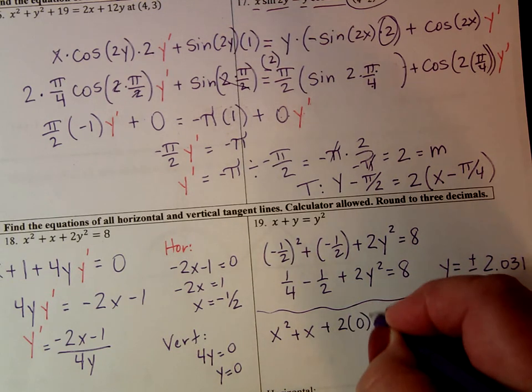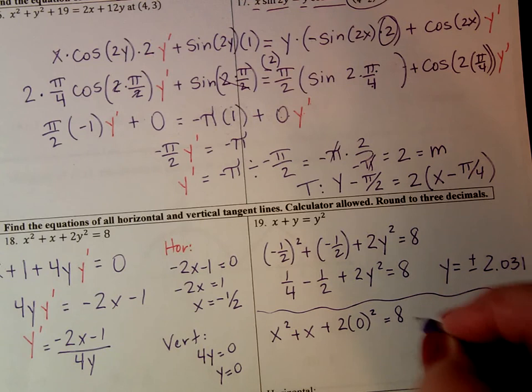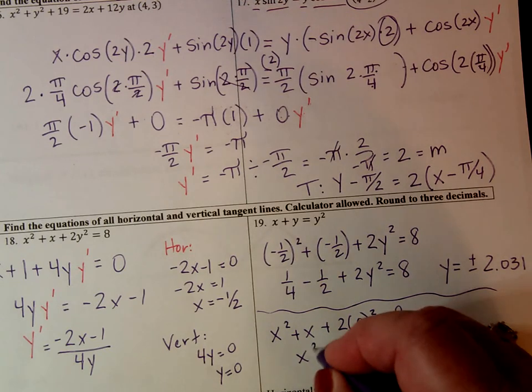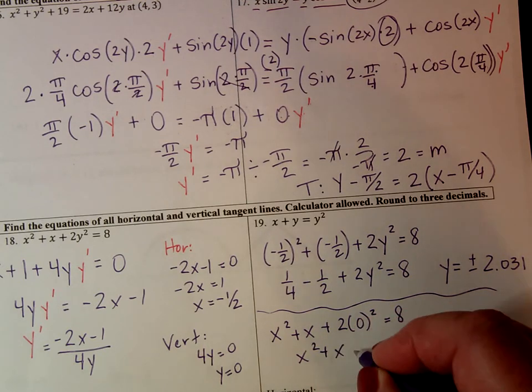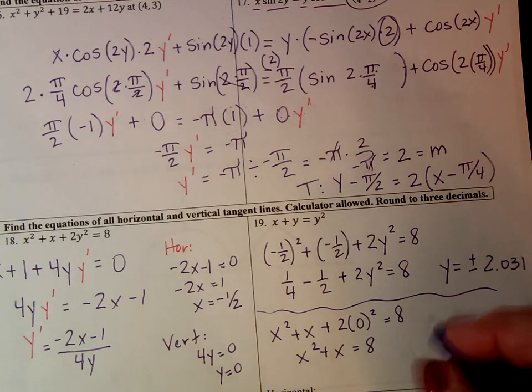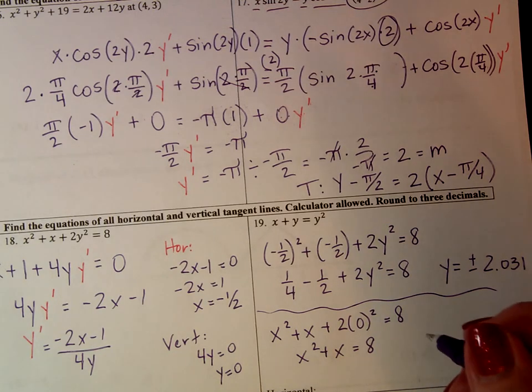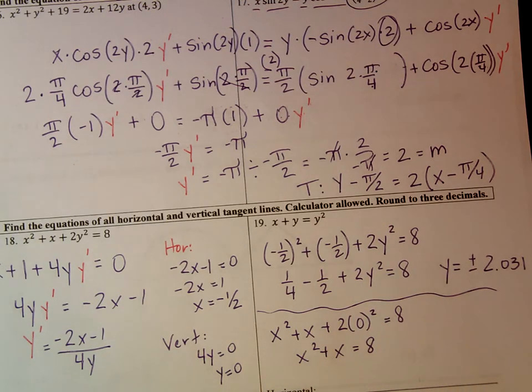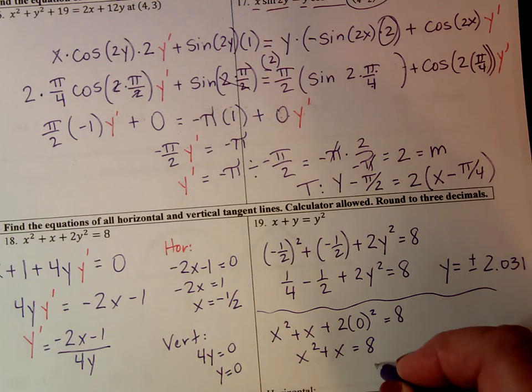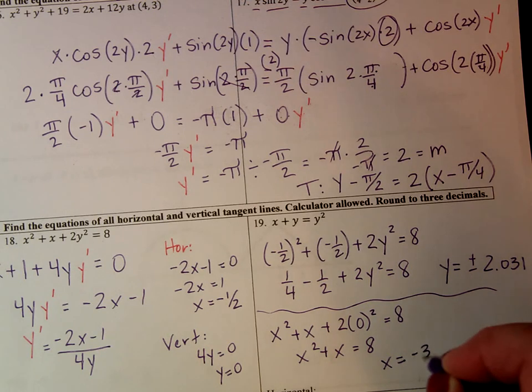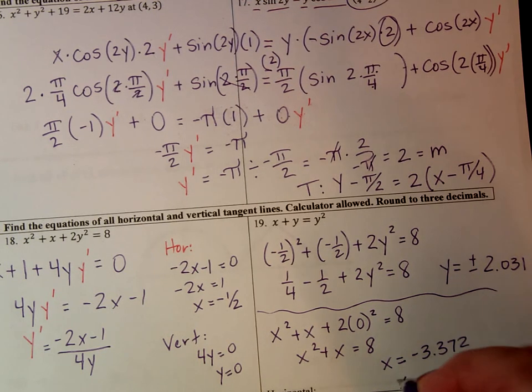Or in other words, x squared plus x equals 8. You got to put everybody on the same side, quadratic formula, use your calculator, and that's going to give you two values. And your values for this guy are x equals negative 3.372 and x equals positive 2.372.